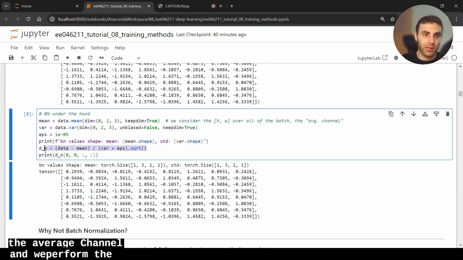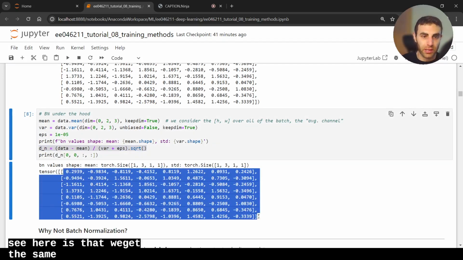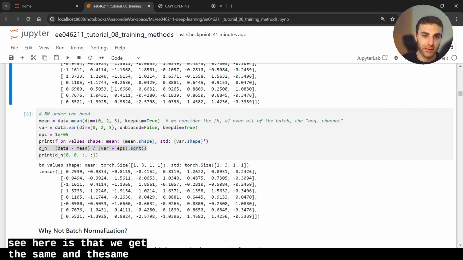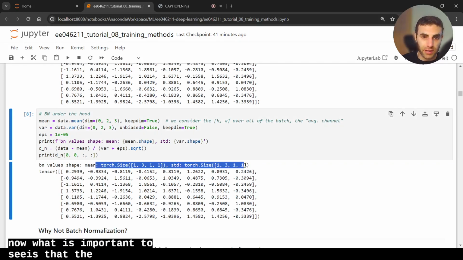And we perform the standardization formula, and what you can see here is that we get the same values as here. So our implementation is correct. Now, what is important to see is that the mean and variance are of the shape of the channel. So basically we have the average channel: the average red, the average green, and the average blue.